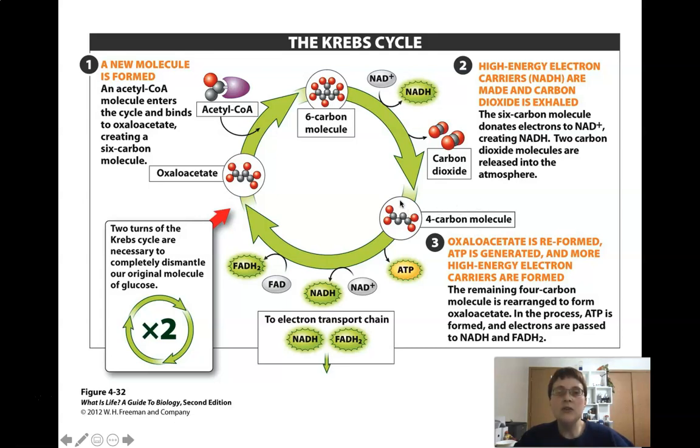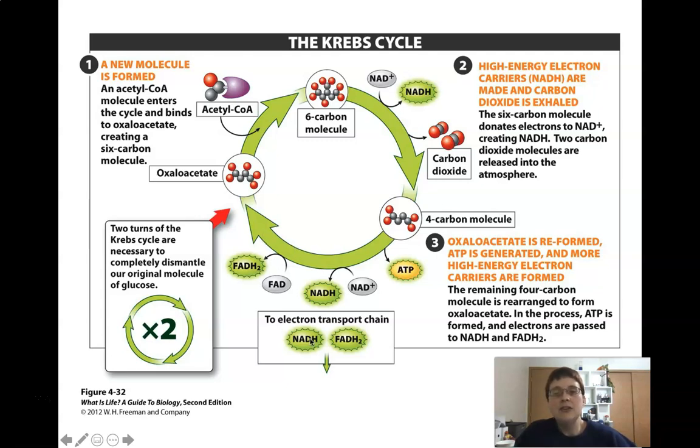Then it's going to remake this original molecule over here, so you can see it's not quite the same shape. And as it remakes that molecule, it's going to make some more items. So what is it making along the way? It's making ATP, NADH, and then this new guy, FADH2.